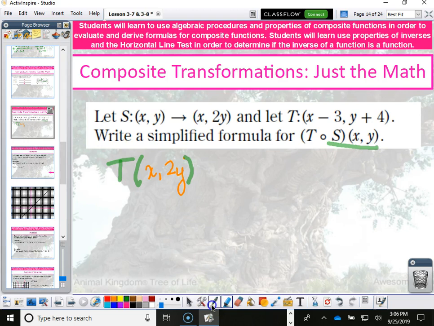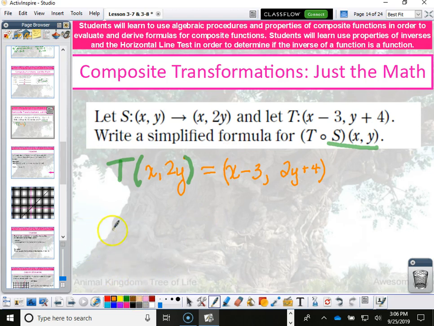Okay, so we're going to take that x and 2y and substitute it into the translation, which means instead of x minus 3, it's going to be x minus 3, and instead of y plus 4, it's going to be 2y plus 4. And that's going to be our translation.